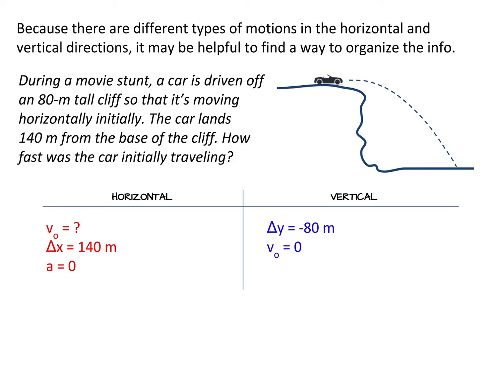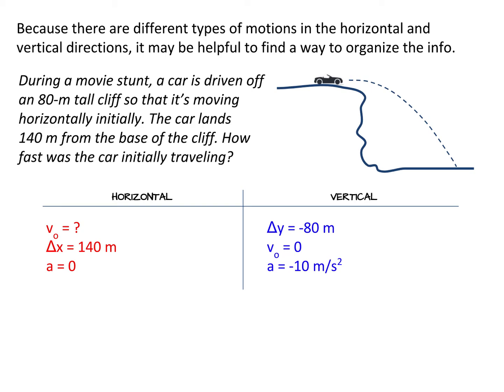You've got v sub 0 on both sides of the chart. That's why you use the chart to separate the horizontal motion and the vertical motion, knowing that they're independent of each other. And of course, the other thing we always know vertically when something's in the air is that the acceleration is due to gravity, and so it's negative 10 meters per second squared.